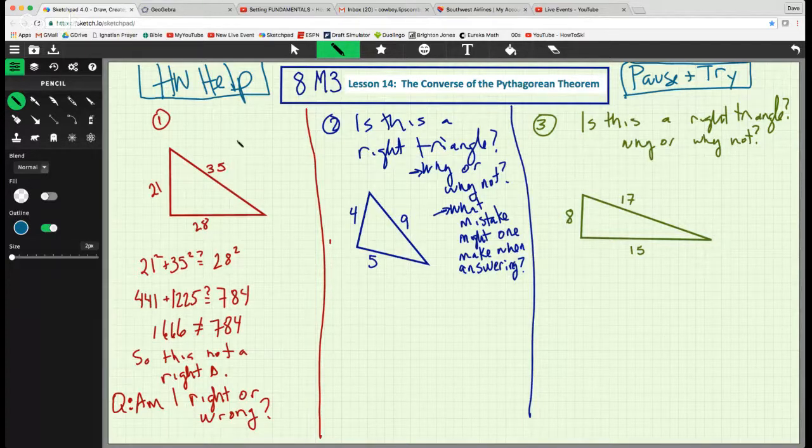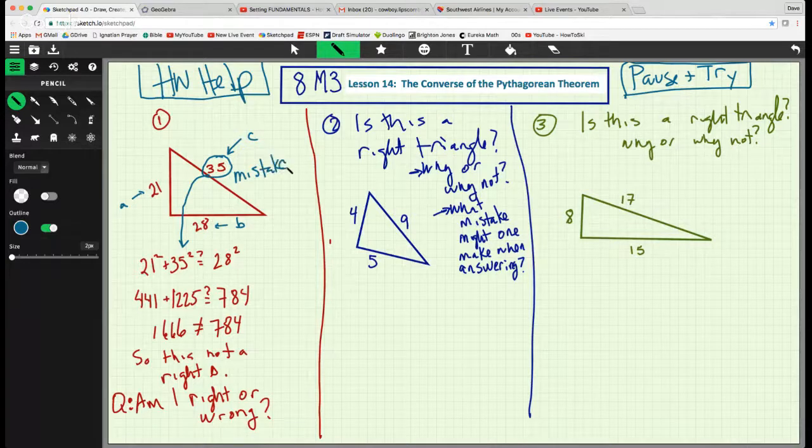Those of you who identified that this is the long side, this should be C, and this should be A, and this should be B, or this could be B and this could be A, it doesn't matter. The problem is, I think you might have figured it out, that we took this C and we put it here. That was our mistake.